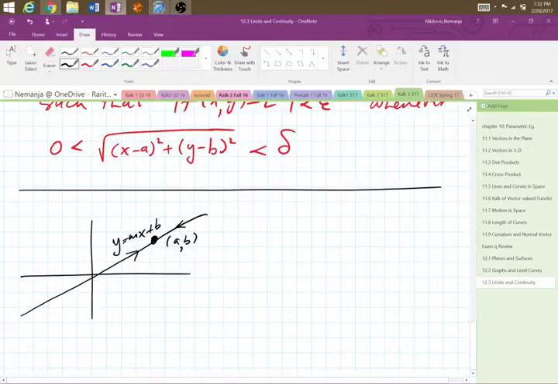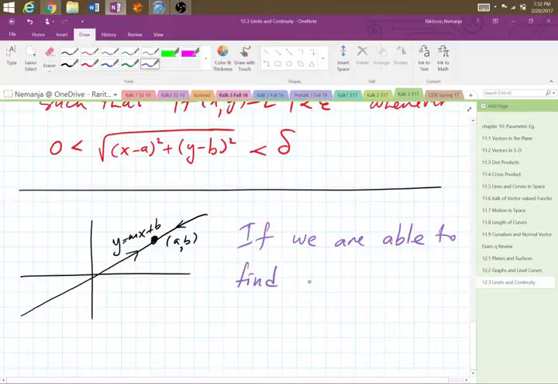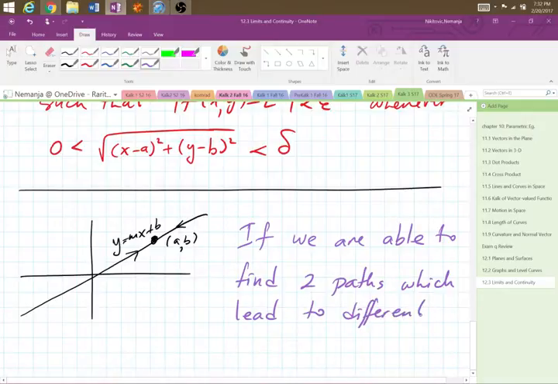So what I'm going to do, I'm going to say, if we are able to find two paths which lead to different L, limit at AB does not exist.